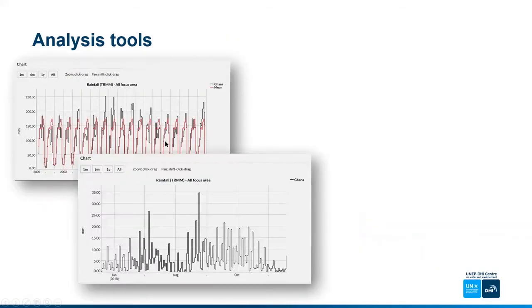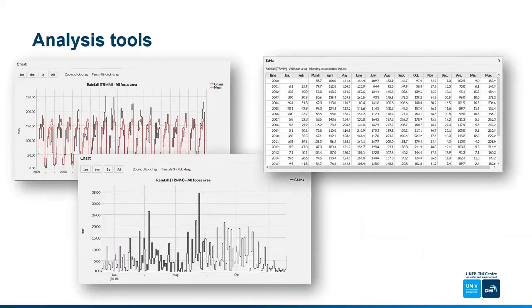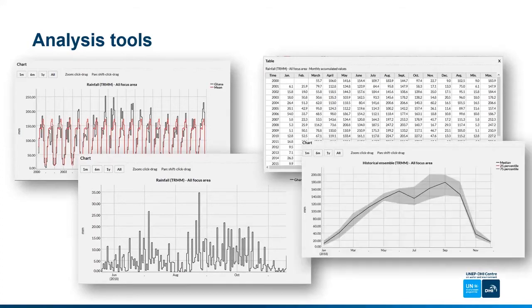So these different tools give us a facility to analyze data that is part of the portal. I will show you a little bit more when I do the demo afterwards.